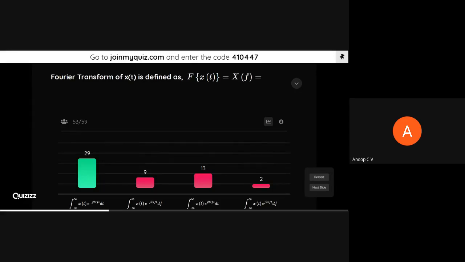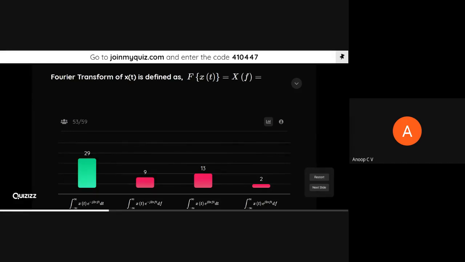So 29 have given the correct answer. Maybe others may not have read the options correctly or got confused or whatever. So it's the correct answer, right? Or did I make a mistake? Those who are logged in from a PC, if you can switch the tab and unmute and tell me whether I have made a mistake.